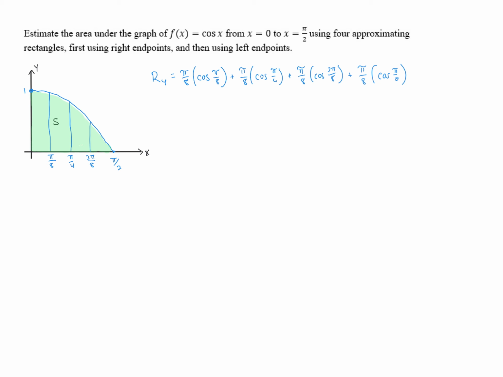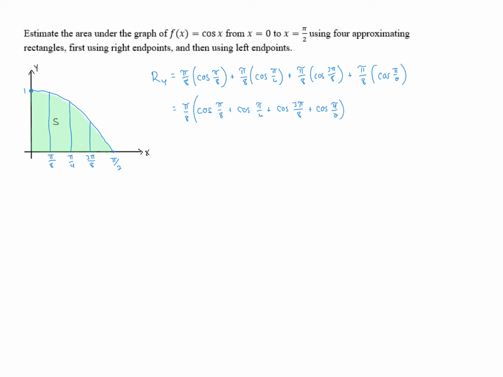And one thing I want to point out, when we're dealing with these rectangles, they're always going to have the same width. And so it's always going to be that same number out front. So we could, if we wanted to make it a little bit easier, just put that out front and then put all of the heights on the inside. And those are going to be the function values, which is going to be cosine of all of those right endpoints. So we're going to have cosine of pi eighths plus cosine of pi fourths plus cosine of 3 pi over 8 plus cosine of pi halves.